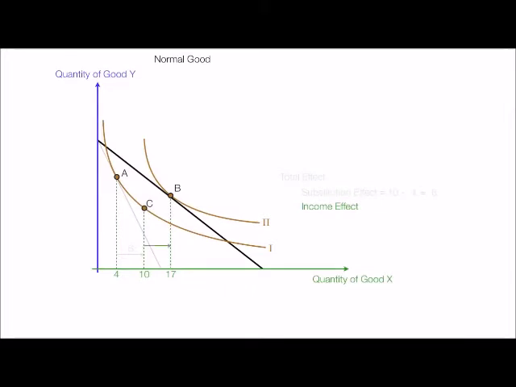And this distance right there is the income effect. And that's 17 minus 10.